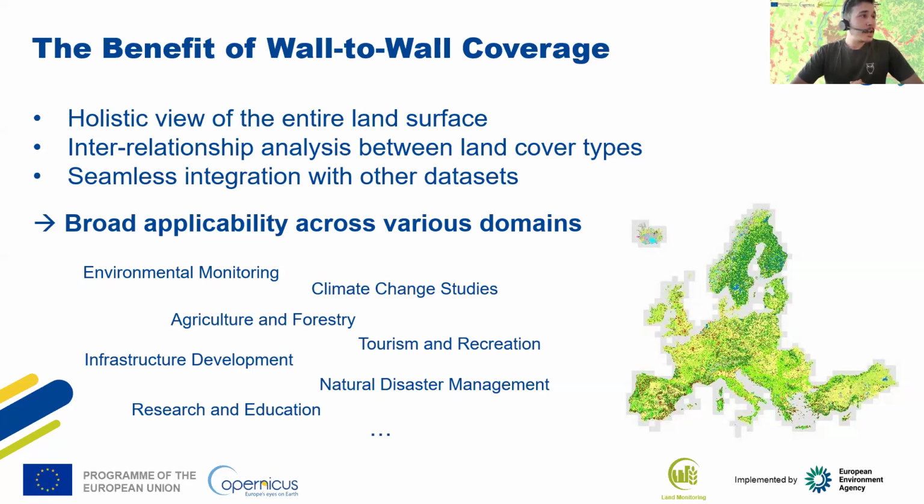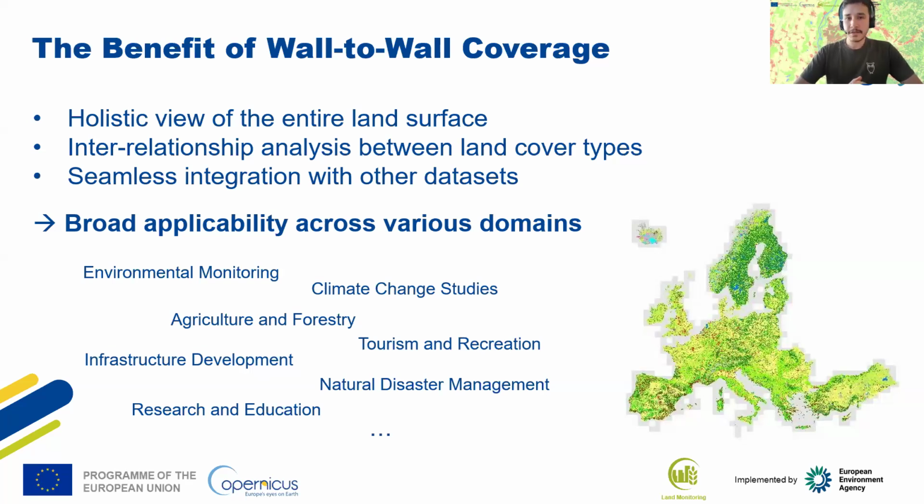We've highlighted here a handful of different benefits for the specific use of Backbone. Here we can see, for example, with use of the Backbone, we have a great holistic view of the entire land surface of the EEA 38 region, as an example.